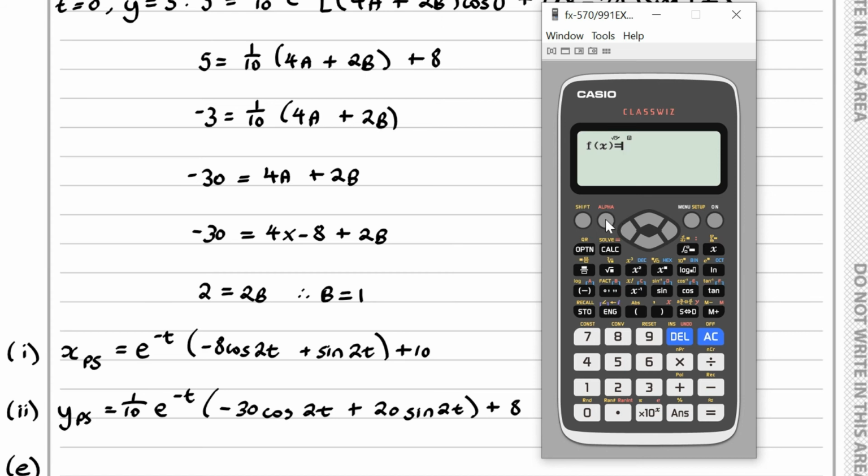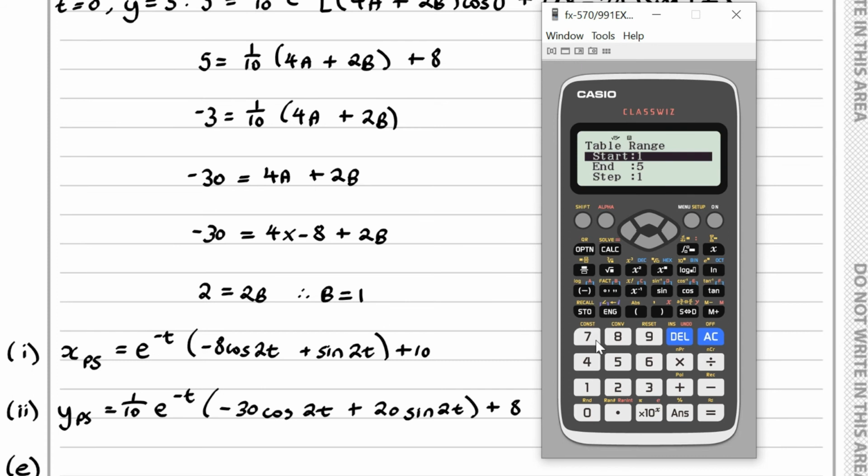So we have over here x, which is equal to e to the minus x, lots of minus 8 cos 2x plus, yes, in a bracket, so here we've also got sine of 2x plus the 10, and the other function we've got 1/10, so that's 0.1, e to the minus x, lots of minus 30 cos of 2x plus 20 sine of 2x plus 8.